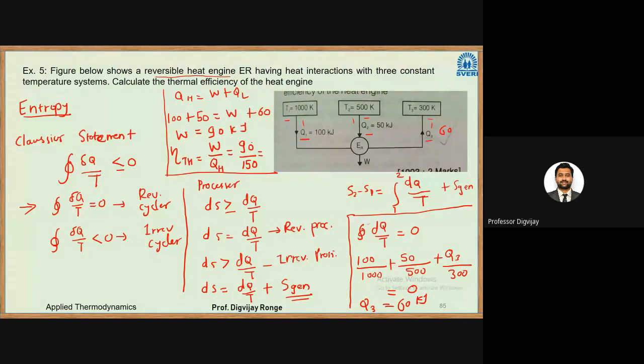I think Gayatri has already calculated that as 60%. So I will take her answer. The efficiency in this case, 90 divided by 150, will be 60%, or 0.6.